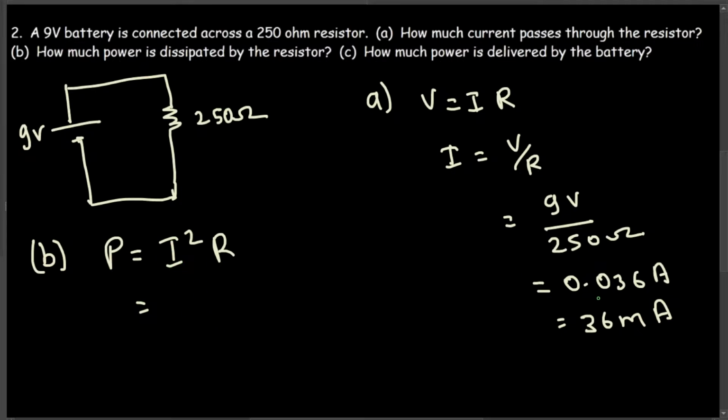I squared, make sure you put the current in ampere. If you put milliampere that's okay, but you have to put 10 to the power minus 3, and we don't want that. I put this one directly: 0.036 squared, and then the resistor, that is 250 ohm.